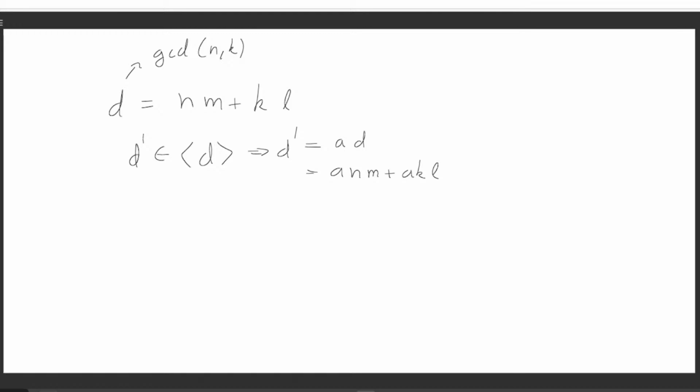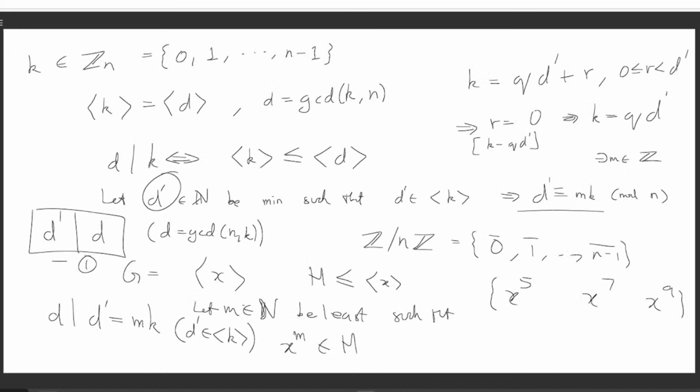What are you saying? What is the definition of D prime? Some element of... Okay, are you taking the same definition of D prime? Oh, okay. You're losing this part.